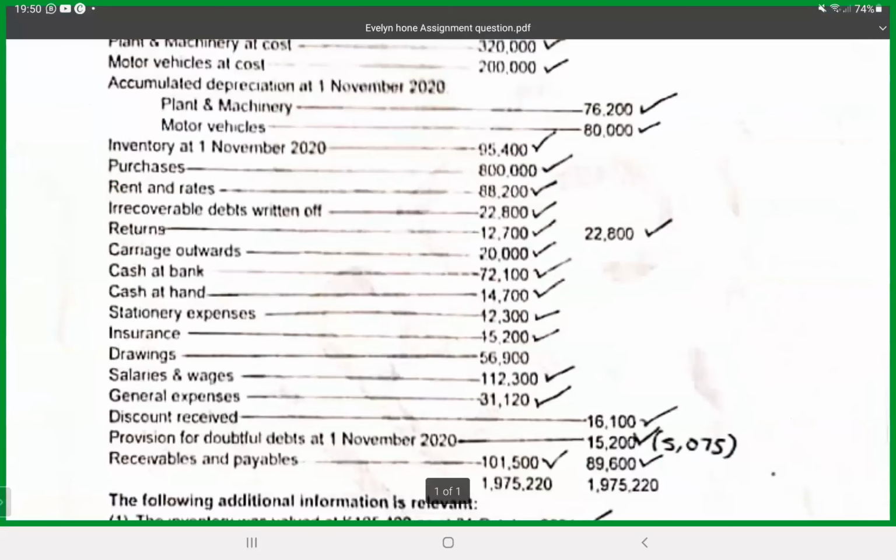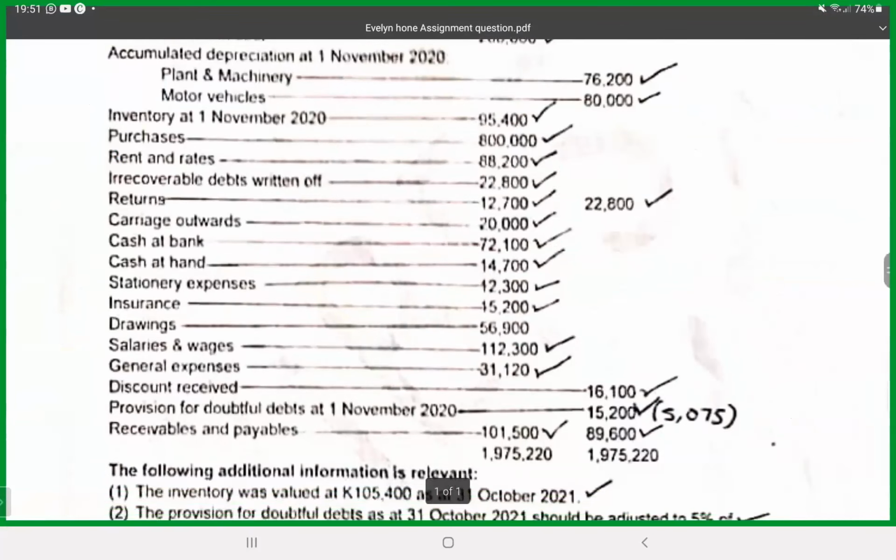There are wages and salaries. We can even start with these for adjustments. You can see the value for salaries and wages: 112,300.